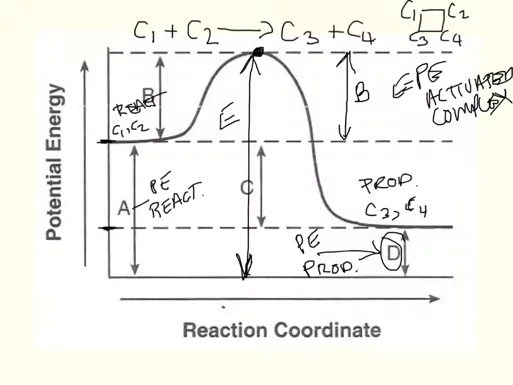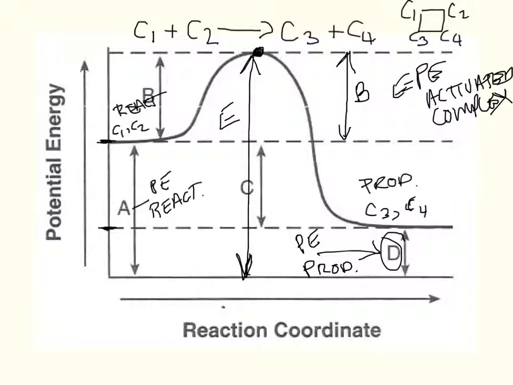So E right here, this dimension is the maximum energy associated with breaking all the bonds in compounds, in this case 1 and 2, and then you just start to form the compounds 3 and 4. So E will be the sum of the potential energy in the reactants plus the activation energy.